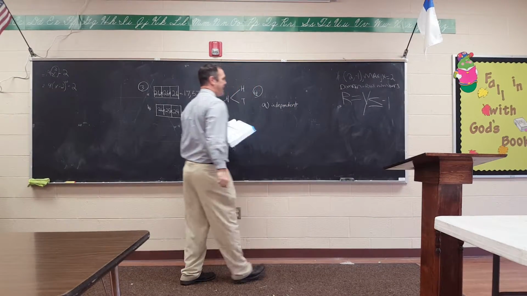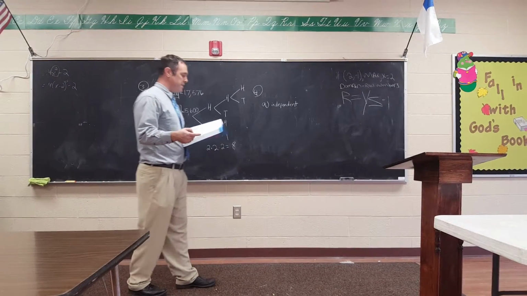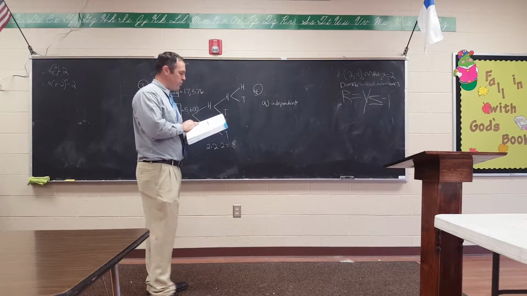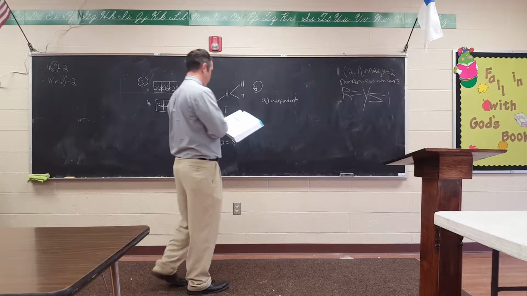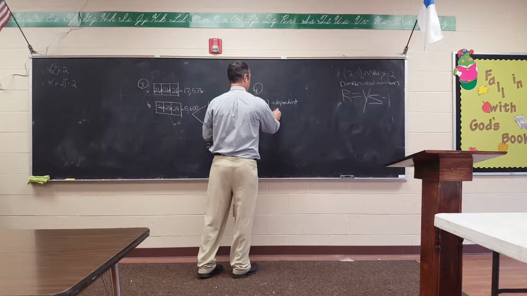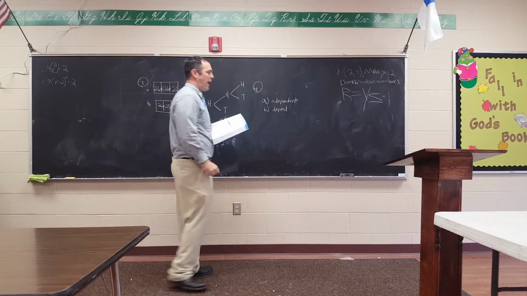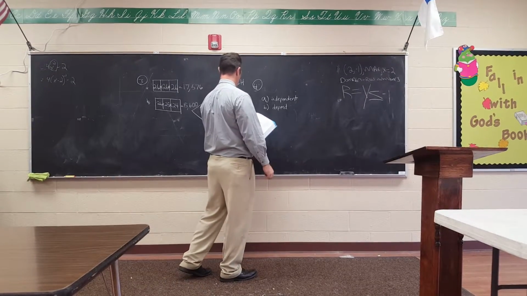Because if we put it back in, choosing the letter B doesn't depend on what we selected with the first one. All right, letter B says choose A and then choose B if the first card is not replaced before the second card is chosen. Now this would be dependent because the second event is going to depend on what I picked in the first event. So we label that as dependent.